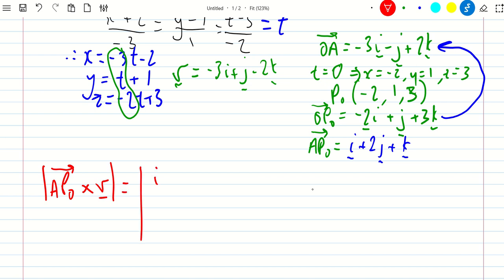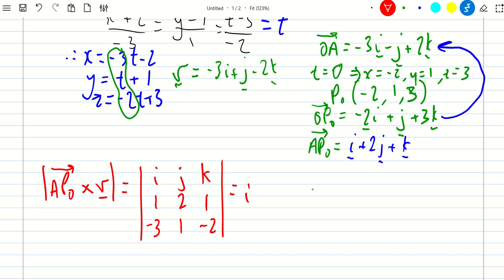i, j, k. So we've got our three-dimensional determinant here. And I've got 1, 2, 1. And V was, where is it? Over there. -3, 1, -2.